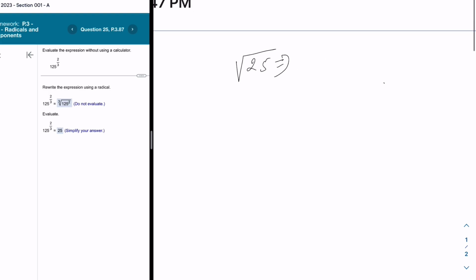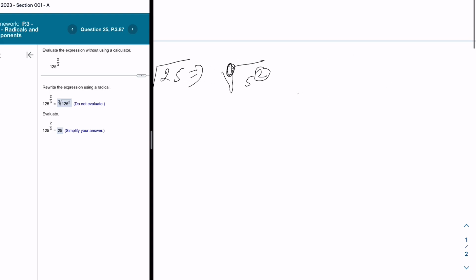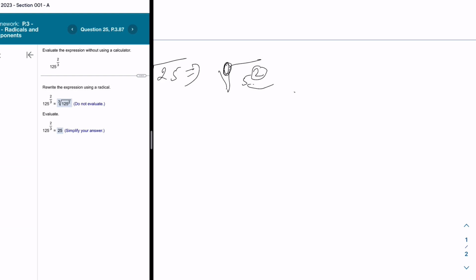So we can write this as 5 squared, right? So this 2 and here is the square root. So we can write this 5, okay, then first this will go here in the numerator, 2 by, and this will come here, 2.